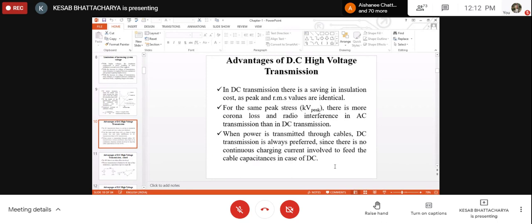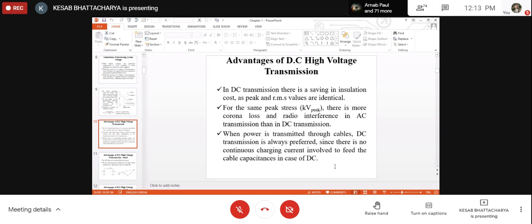That is due to the fact that in the case of AC, though power is transmitted due to the RMS value of the voltage, actually the insulation is provided for the peak value of the system voltage. But in the case of DC, RMS and peak, everything is the same. So the insulation requirement will be less. This is the first advantage.